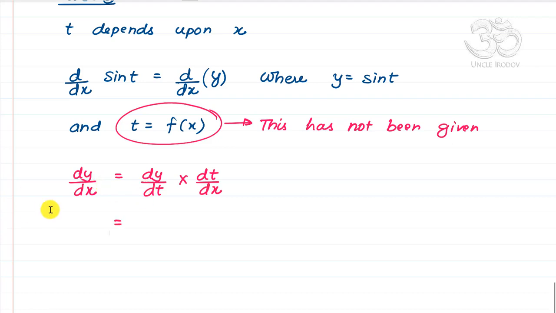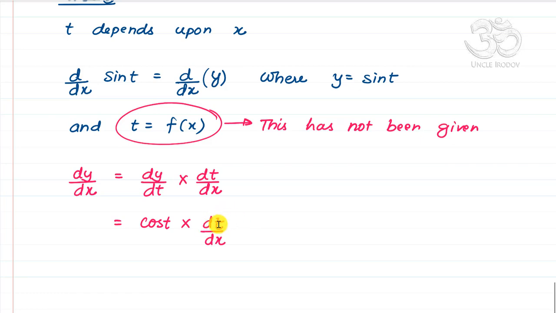So dy by dt is easily found using this expression. What is dy by dt from this? Cos t. Yes, nice. Cos t multiplied by, here I will be at a loss because I have no clue what t is, or how it looks. Is t an algebraic function of x, or a trigonometric function of x, or an exponential function of x? I have no clue at all. So I cannot do anything about this term, but I'll have to keep it as it is, to show somebody else that this t will depend upon x, and that has to be inserted here.